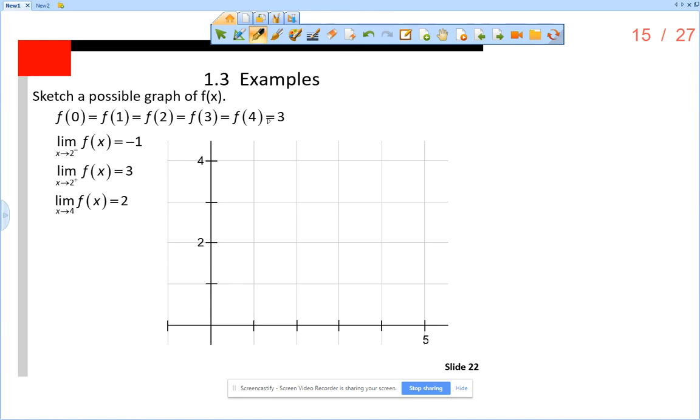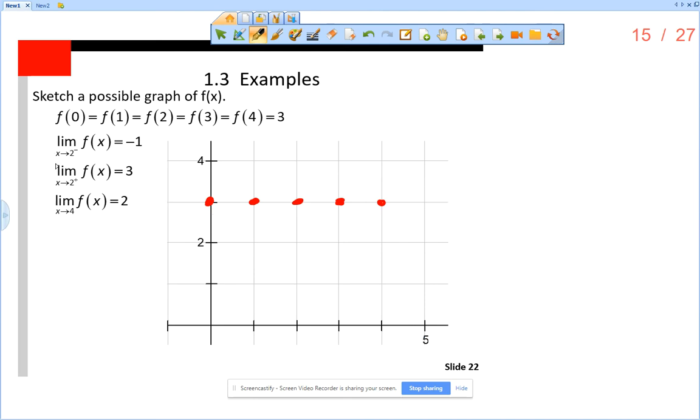So what does that mean? There are points at (0, 3), (1, 3), (2, 3), (3, 3), and (4, 3). That's what that statement tells us. It doesn't tell us it's a horizontal line. It simply tells us there are points at each of those spots.